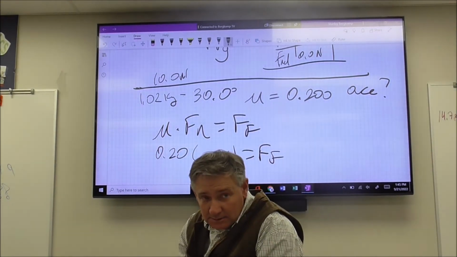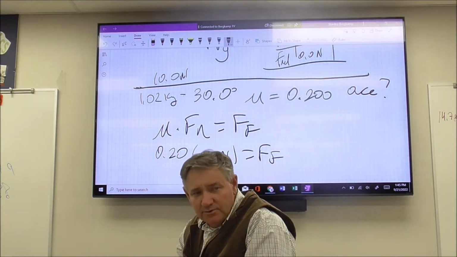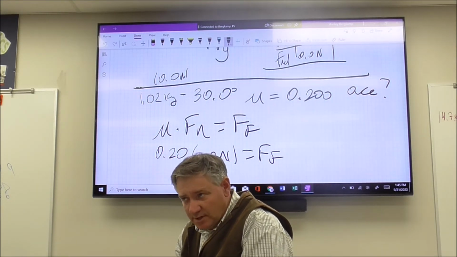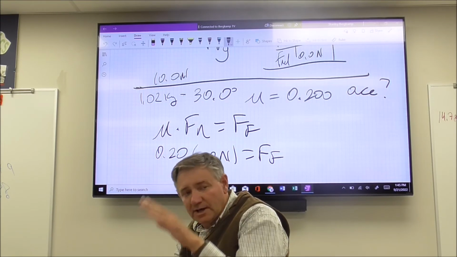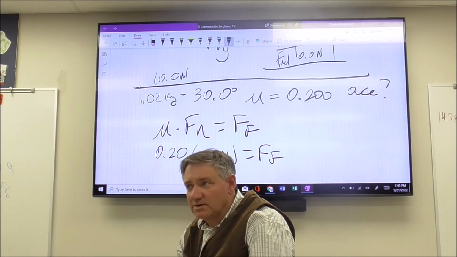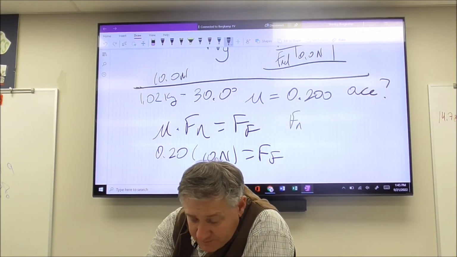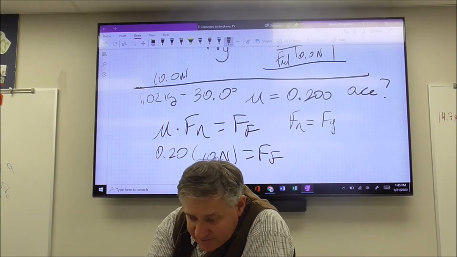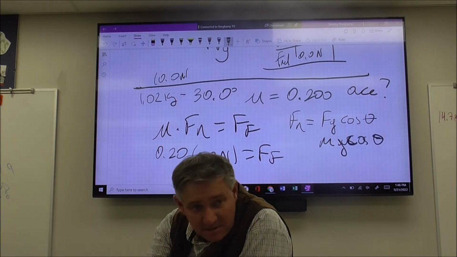Wrong. Why? Because it's at an angle. You are not on a flat surface anymore. You're not in Kansas anymore, Dorothy. You are now in Colorado where we have inclined planes. So instead of 10 newtons, you're going to calculate that force normal, which is Fg cosine theta, and you can write that as mg cosine theta. It means the same thing.